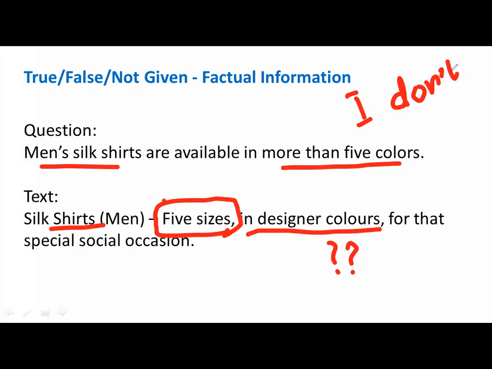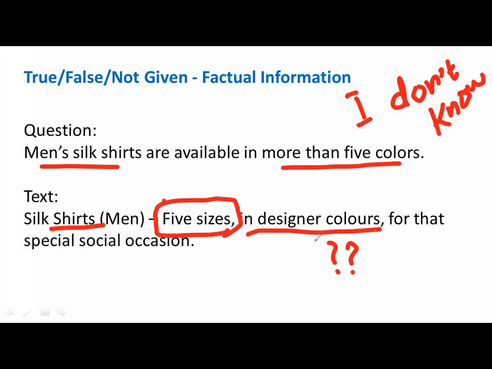Now you see a clear difference. When the information was false, you were saying it no, and you were making a new sentence. But when the information is not given, you are stopped there. You cannot make any other sentence because the text is not helping you.